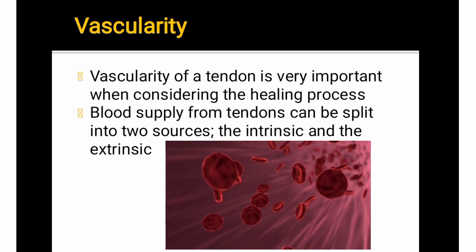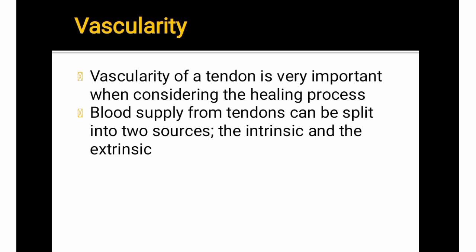The intrinsic supply at the musculotendinous junction has been documented to extend into one third of the tendon, whereas the blood supply originating from the osteotendinous junction is more avascular and is limited to the insertional point.